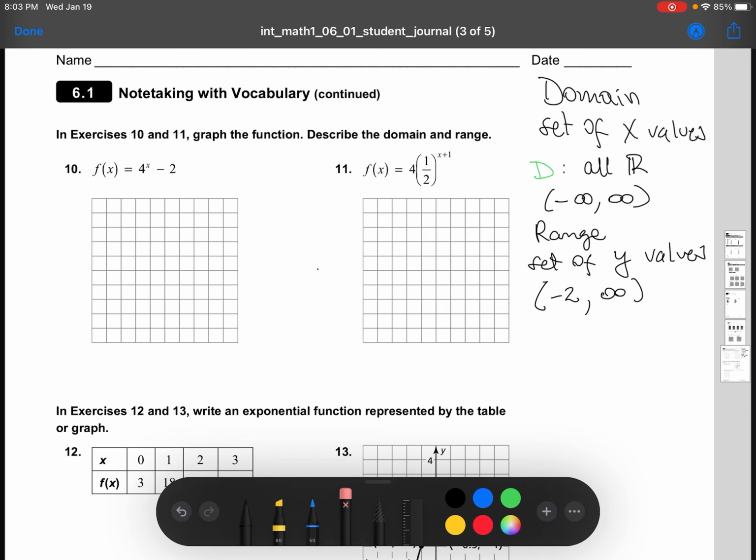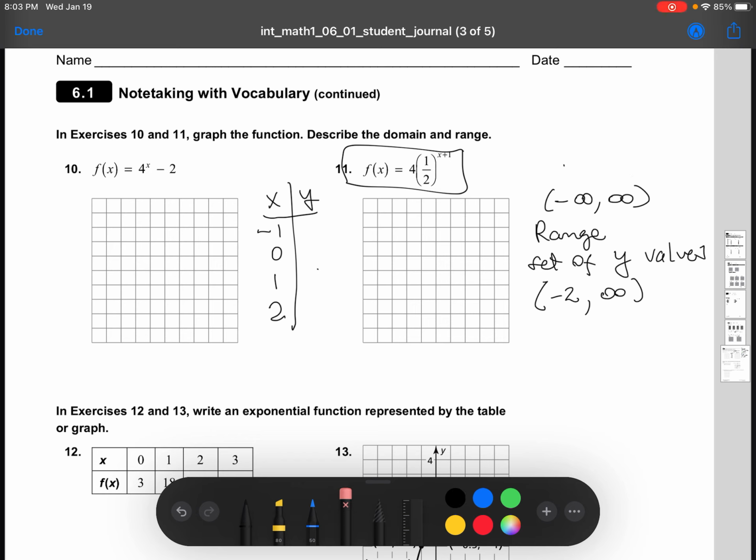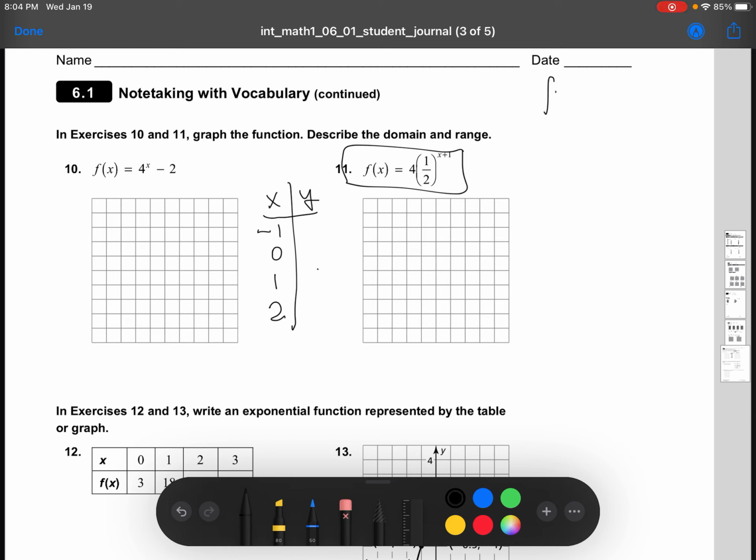Exercise number 11. As we mentioned before, we are going to do our table with x and y values. We already mentioned that we're going to use -1, 0, 1, and 2. Okay, let's erase this. And let's start completing our table for the outputs or the y values. Beginning with f of -1.